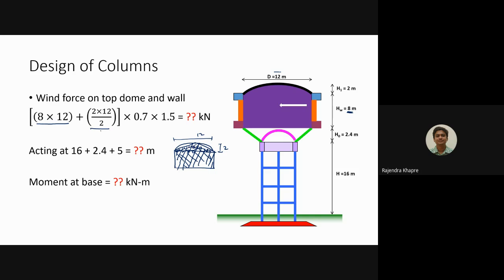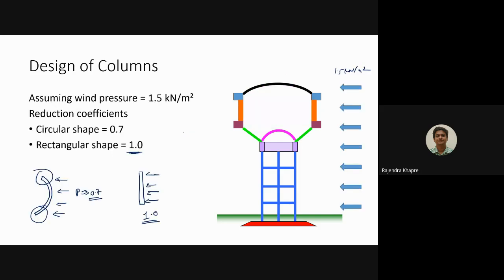Now if you see the plan, it is circular in shape and your pressure is acting like this. So we have to reduce the pressure because of the shape. The shape factor of 0.7 will come into the picture, into 1.5, where 1.5 is the wind pressure. If you remember, we are assuming the wind pressure of 1.5 kilonewton per meter square depending on the city.